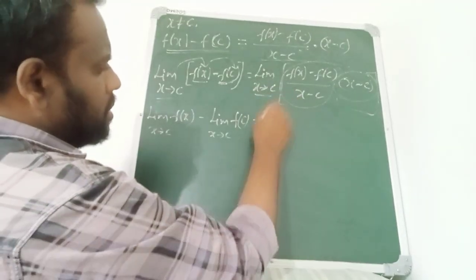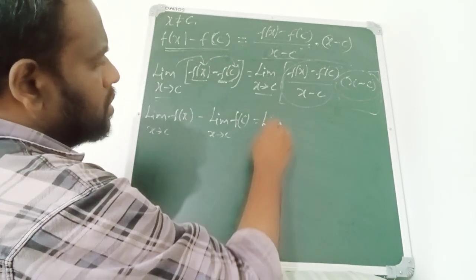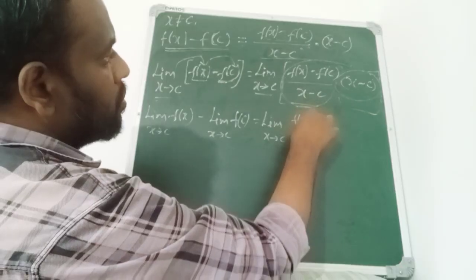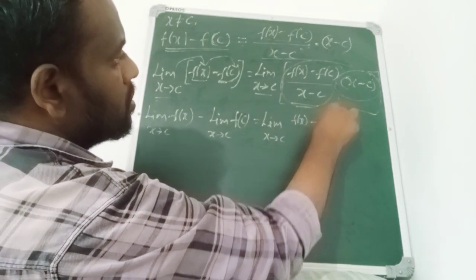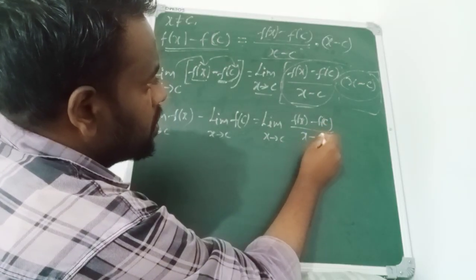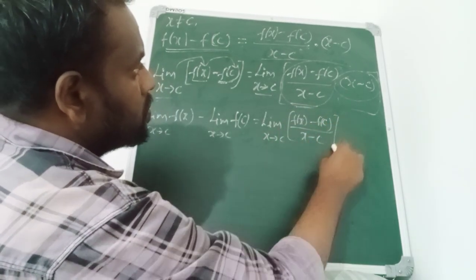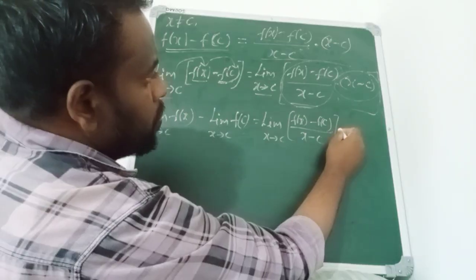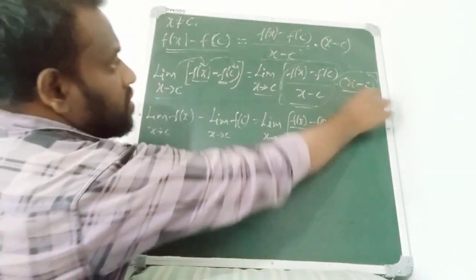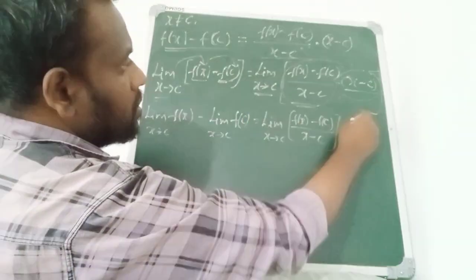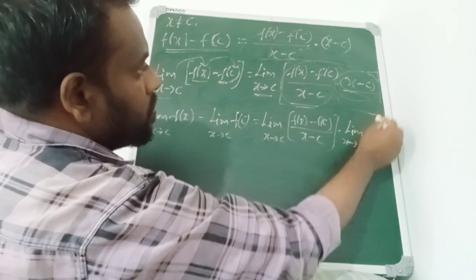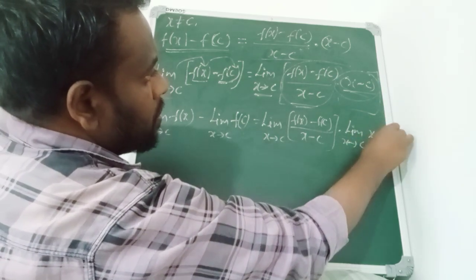So first write limit as x tends to c of f of x minus f of c, whole divided by x minus c. Next, put the multiplication, and again take the limit x tends to c of x minus c.